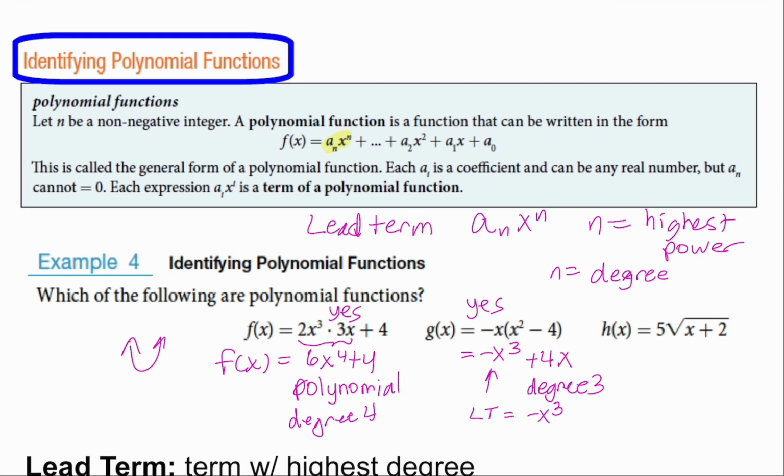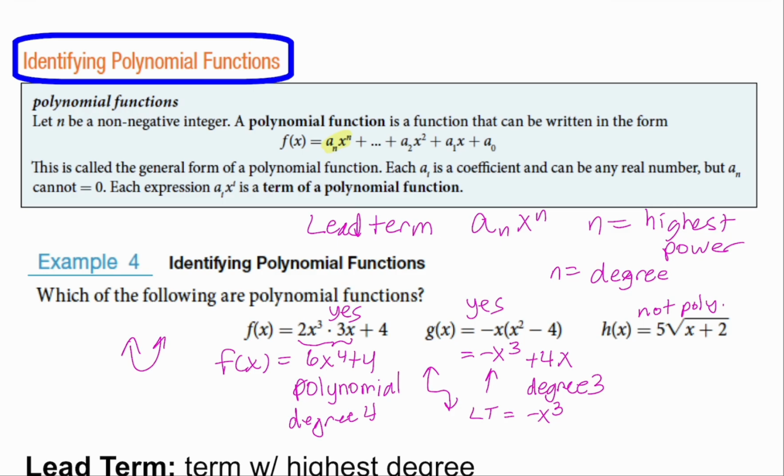And it would be flipped upside down, so the left end would go up and the right end would go down. Now the 4x is going to create some bumps in the curve, but it'll still essentially look like a cubic.